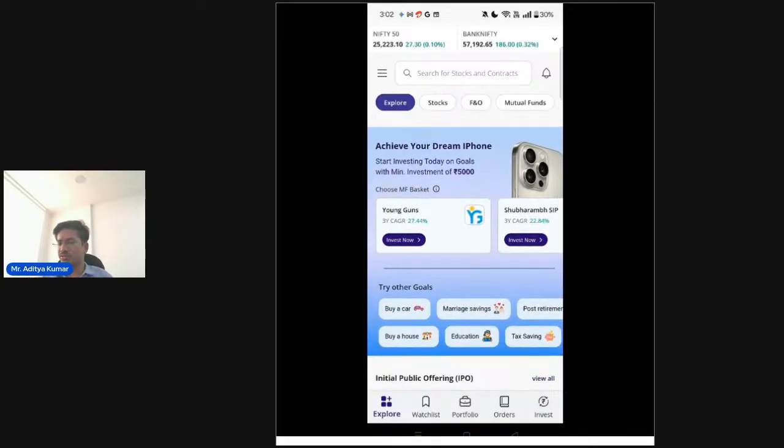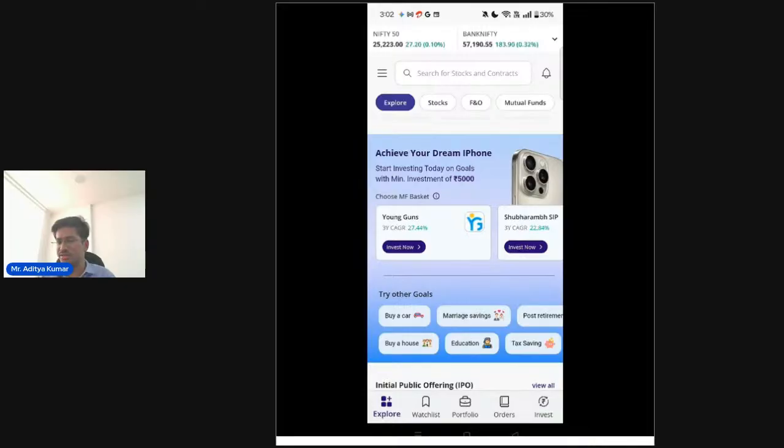Moving further, you can see this is the MF basket. As you can see, it says achieve your dream iPhone. Start investing today on goals with a minimum investment of 5,000.